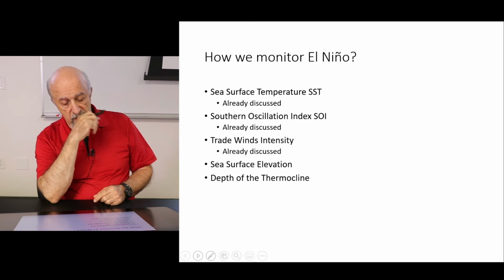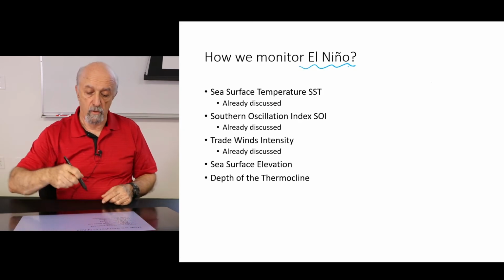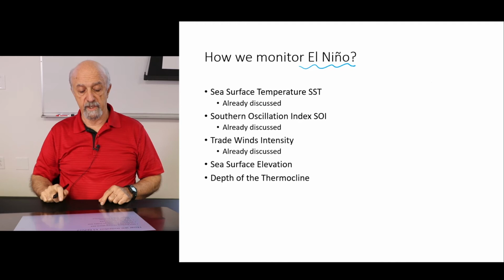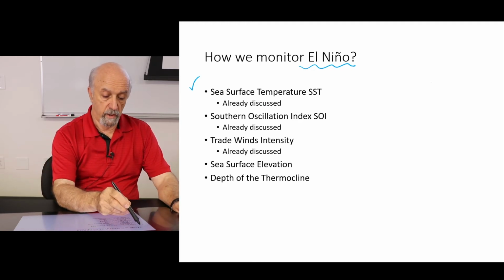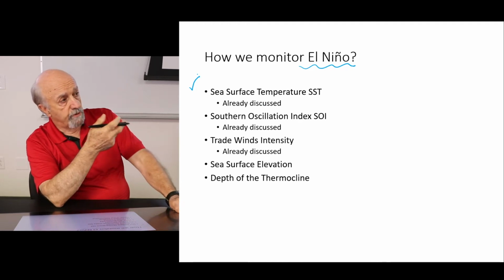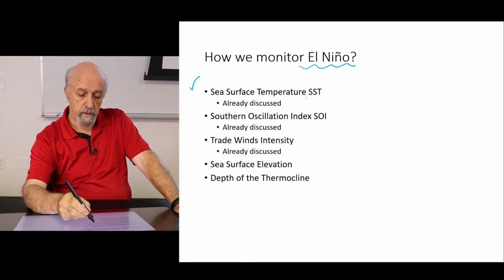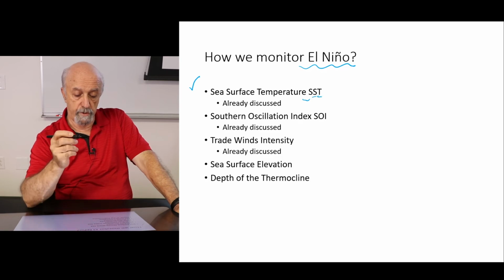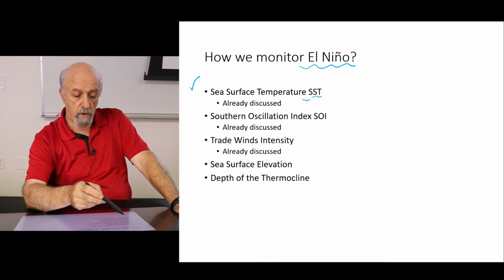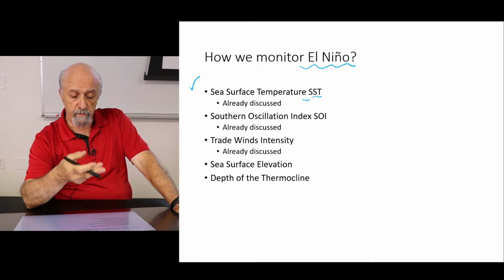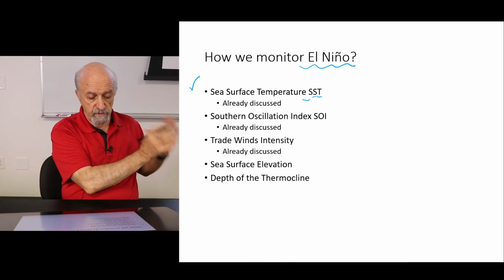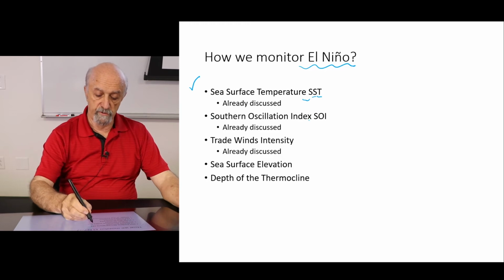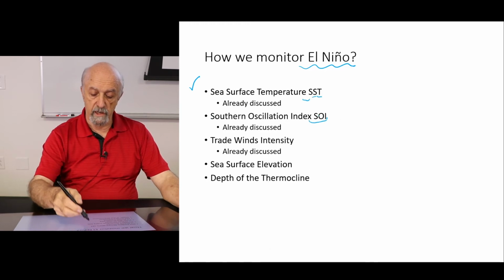So, if we have to monitor El Niño Niña, or the ENSO, if you want, much better saying, we start, in fact, this was the original way, to monitor the temperature in the ocean. Sea surface temperature. And then we look into the difference between the atmospheric pressure in one place, in Tahiti, and the atmospheric pressure in Darwin, and come out with another term, the Southern Oscillation Index.